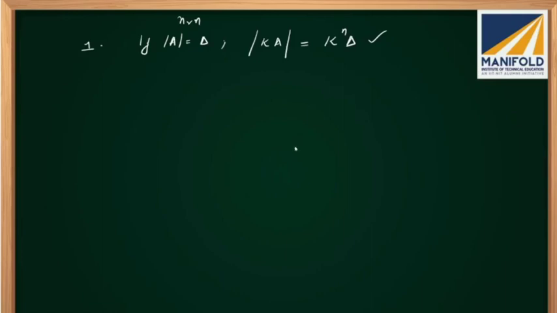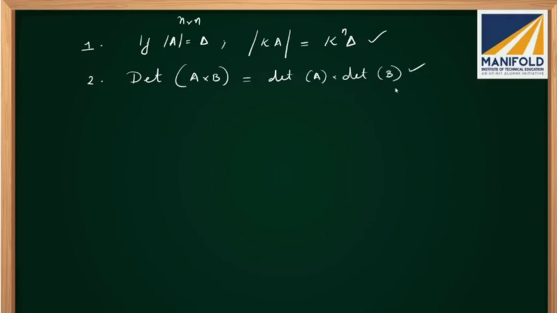The second point: the determinant of the product of two matrices A into B is nothing but the determinant of A into the determinant of B. You can try proving this. It's very simple. We don't need to prove everything here, because from the GATE perspective we just need to learn the concept.